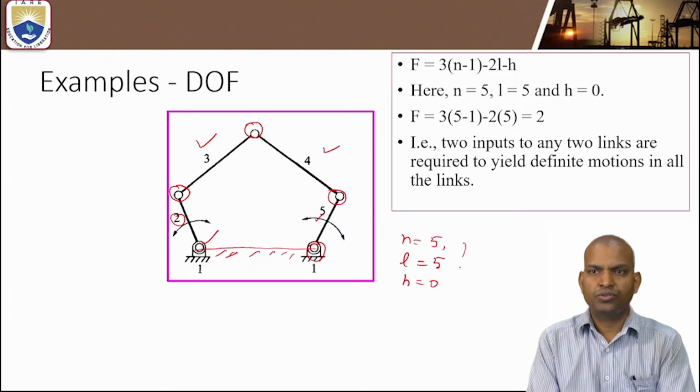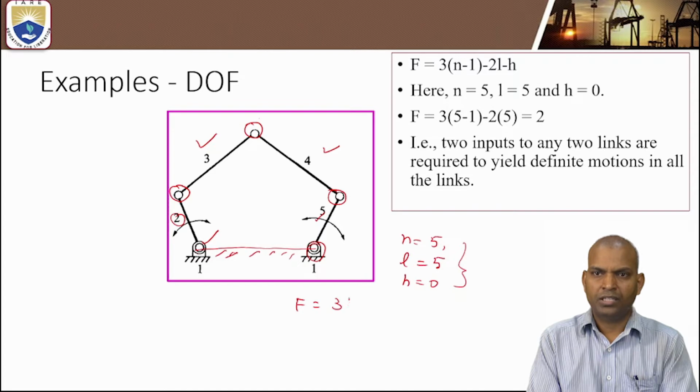Substitute these values in the formula of degree of freedom, that is 3 into (n minus 1) minus 2L minus H. That is 3 into (5 minus 1), minus 2 times 5, minus 0, that is 12 minus 10 minus 0, which is 2.